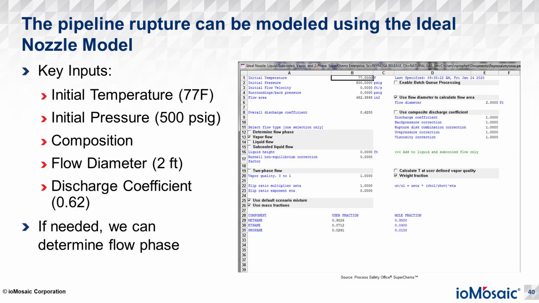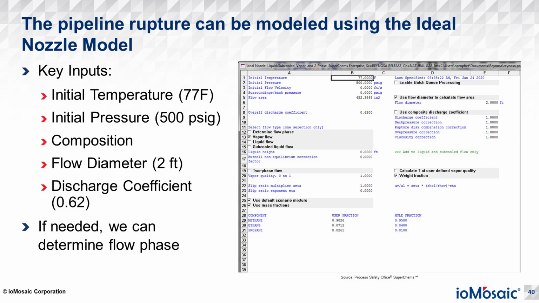Typically, if we're looking at a pipe break, we use about 0.62 for a discharge coefficient to allow for the fact that it's not going to be a perfect hole. It's going to have some raggedness to it. One of the nice things about the ideal nozzle model is it can determine flow phase for us.